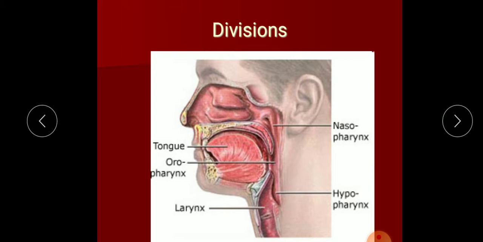Nasopharynx is that part which lies behind the nasal cavity. Behind the oral cavity you find the oropharynx. And this is the larynx; behind that larynx you find the hypopharynx, otherwise termed the laryngopharynx.